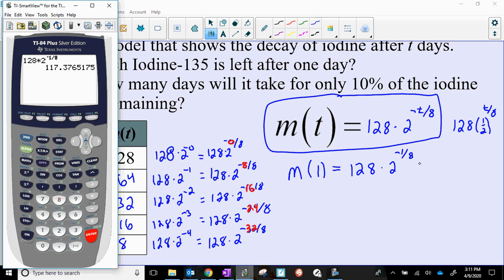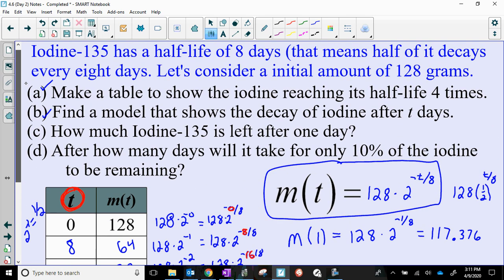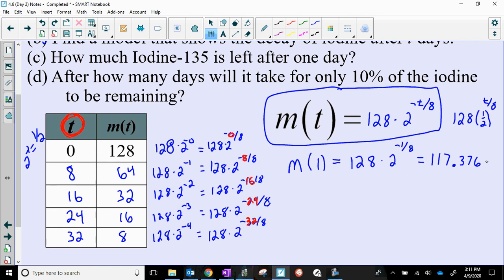So I'm coming up with 117, and since this is not a living item, we're going to go to 3 decimal places: 117.3765. You can round or truncate, it doesn't matter. And the label they were using for the mass were grams. So G.